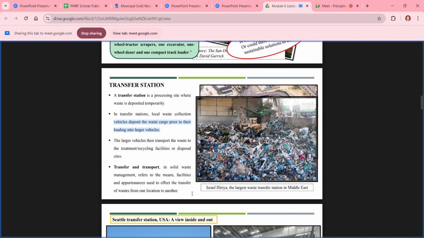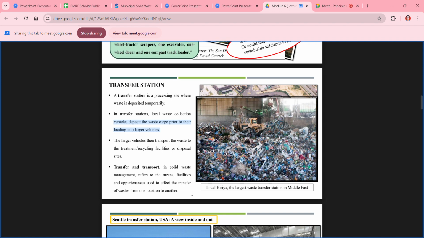So what you will do is provide a transfer station within the city, at a distance of around 15 kilometers. If we are talking about 30 kilometers, then we can provide a transfer station at around 7.5 or 10 kilometers.